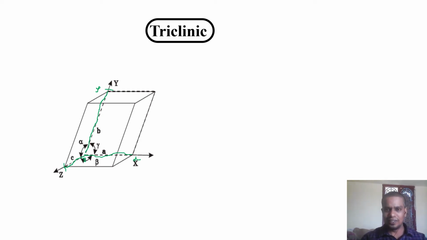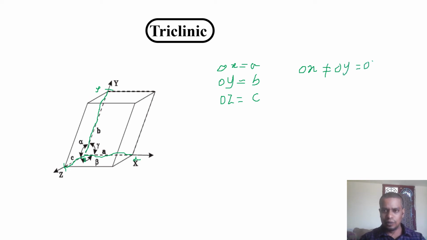So you can define the first three intercepts: OX is equal to A, OY is equal to B, and OZ is equal to C. If you look at the lengths, these three lengths are not equal, so OX is not equal to OY is not equal to OZ.